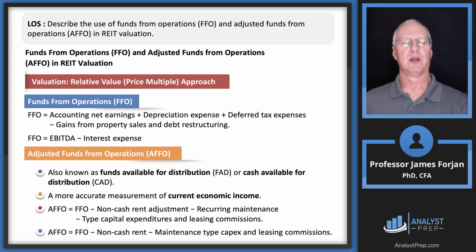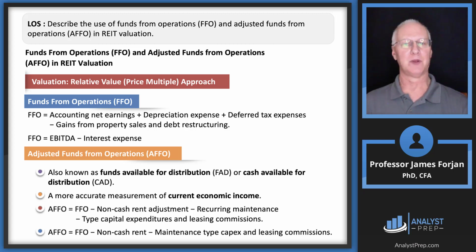Now, I said this earlier, I think it was that first slide, about funds from operations and then adjusted funds from operations. And so these are probably two formulas and equations that you ought to memorize. Even though the LOS doesn't say go ahead and compute, the LOS, at least at this stage, tells us to just describe. But of course, computing also always helps us to our understanding of descriptions. All right, so funds from operations. So accounting net earnings, which looks an awful lot like stuff that we've done so far in Modigliani and Miller and what we've done inside of this slide deck.